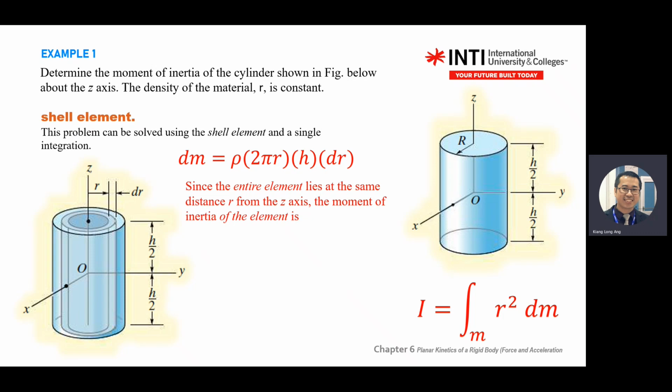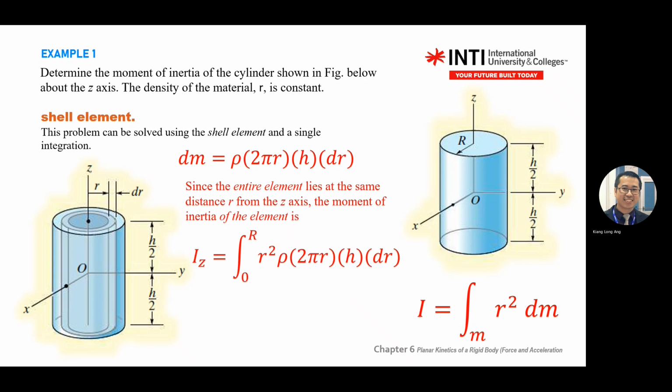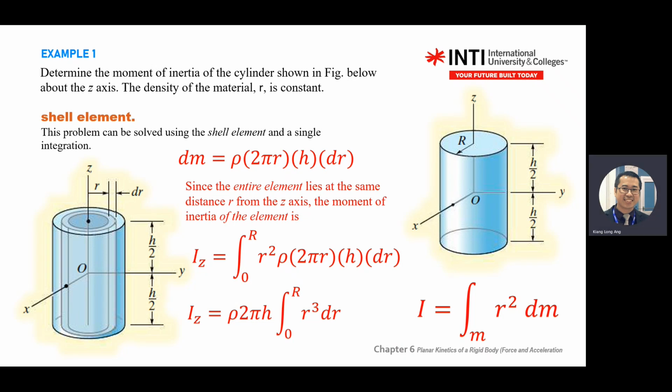You pull this whole thing into here, change your integration to r. You pull all the constants out. Rho is constant, pi constant, 2 constant, h constant. You arrive at r squared times r cubed dr. What is the final integration answer? R to the 4 divided by 4.